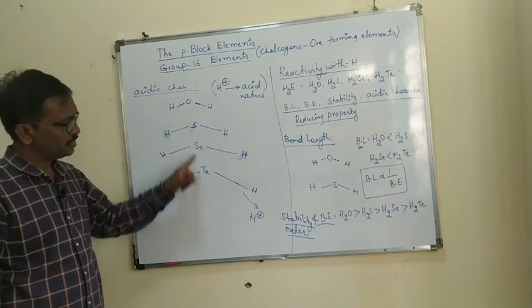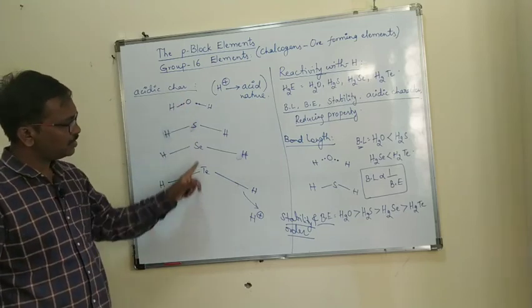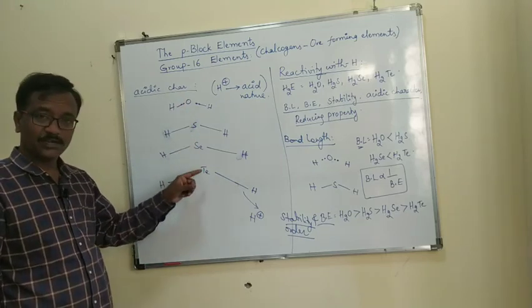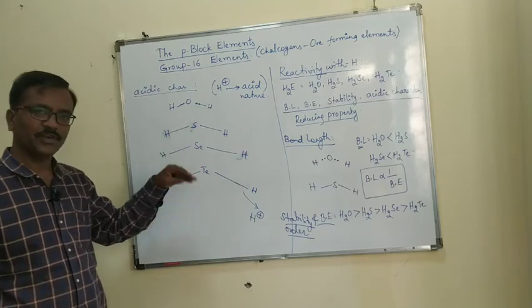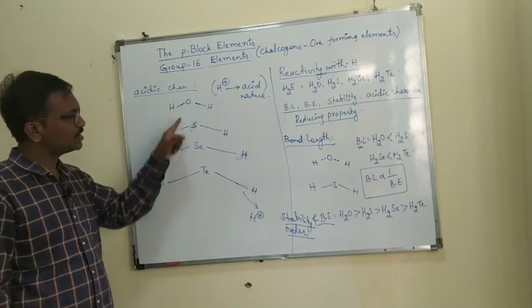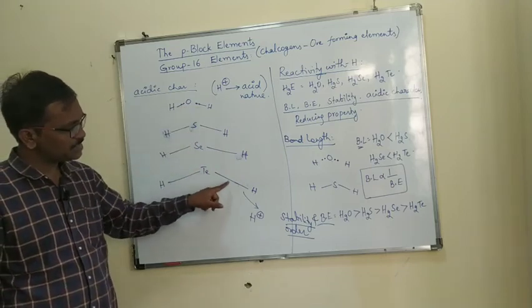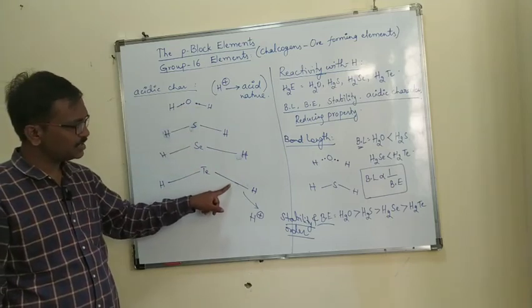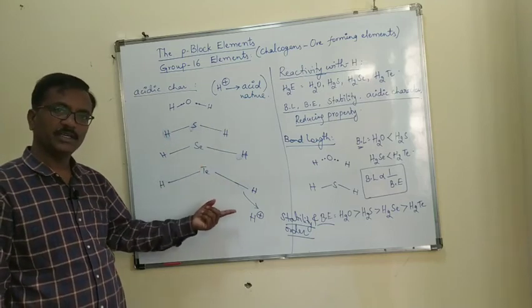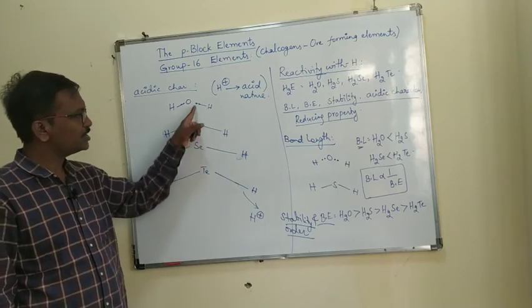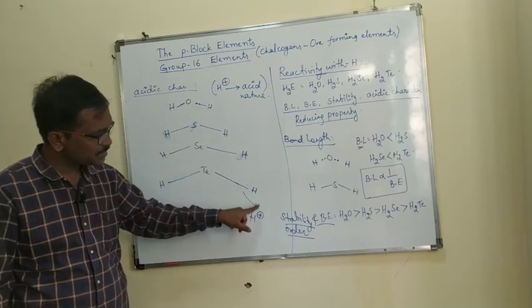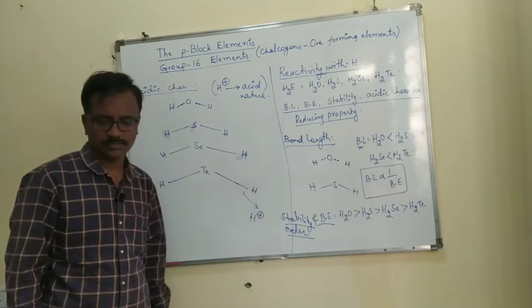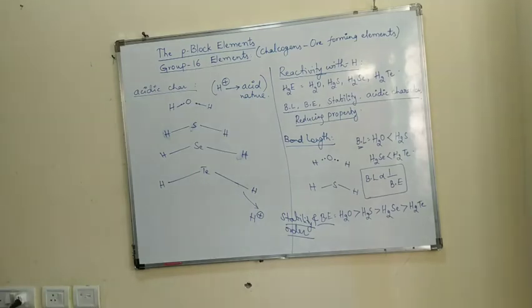You can easily recognize how the bond length increases. For your understanding, I am writing like this. As bond length increases, bond energy decreases and stability decreases. If bond energy is more, stability is more. As bond length increases, H plus is released very easily.